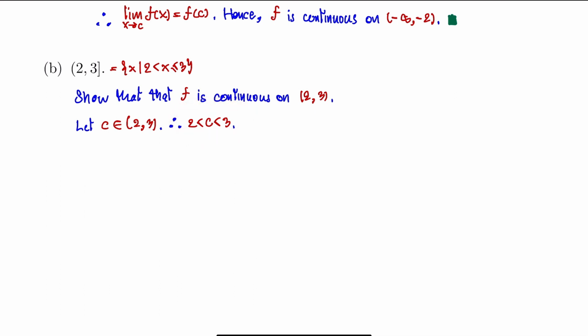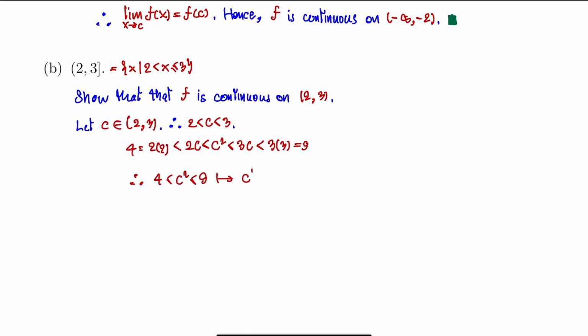So we have 2C less than C squared less than 3C. Okay, and C is less than 3, so we have C times 3, which is 3 times 3, which is 9, and C is more than 2, so 2C is greater than 2 times 2, which is 4. So we have C squared greater than 4 and less than 9. So what do we have?